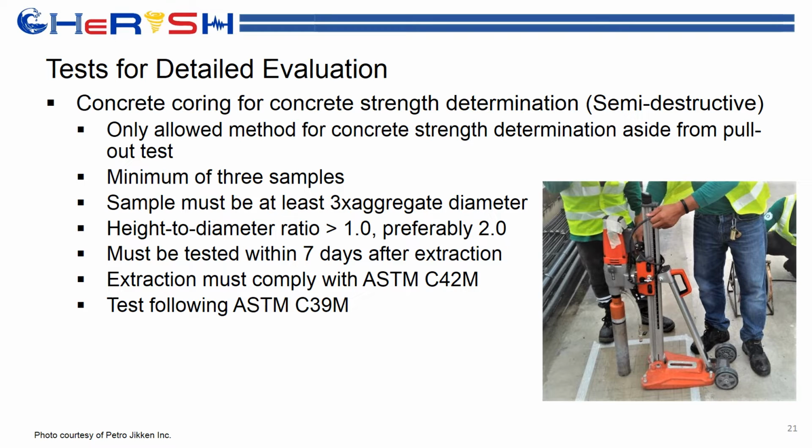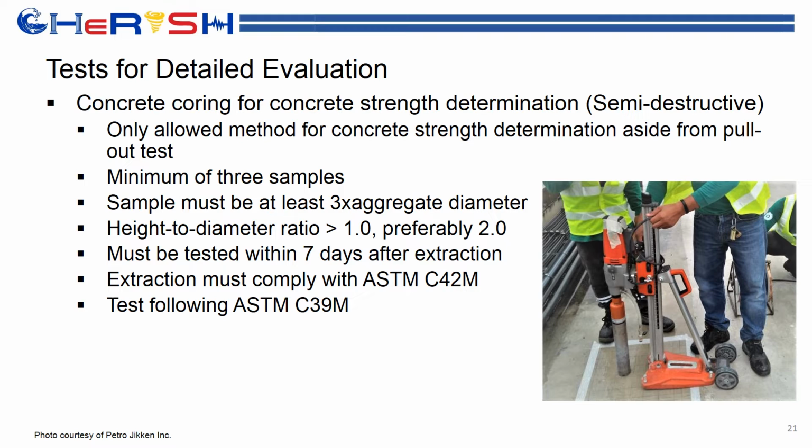But in order for us to really get an acceptable level of confidence, we need to get at least 3 samples. Because we understand that tests from core samples have some variability in the results, and therefore a minimum number of samples is necessary to give us that acceptable level of confidence.